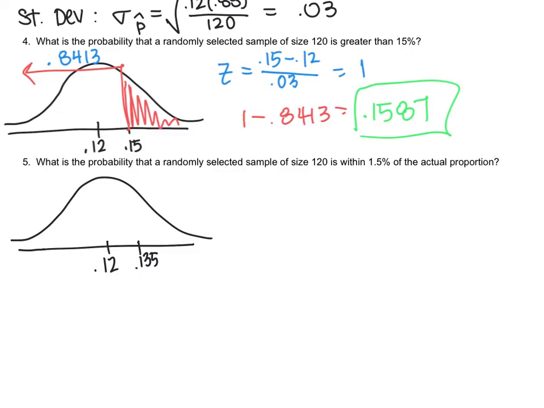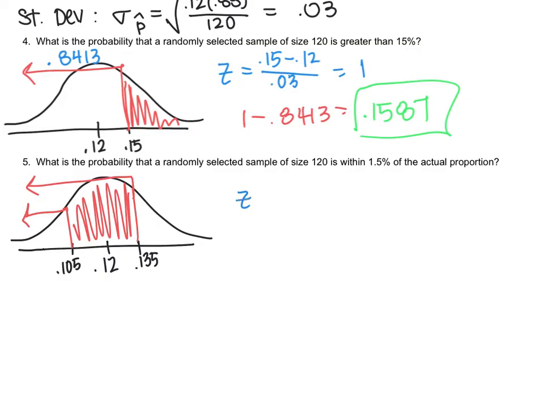And then we're going to do 0.12 minus 0.015, and that's going to give us 0.105. So we have two z-scores that we need to calculate. And if we want to be within the 1.5%, we're going to find the area between the two z-scores. So we're going to do below both of them. So we're going to get two areas and subtract.